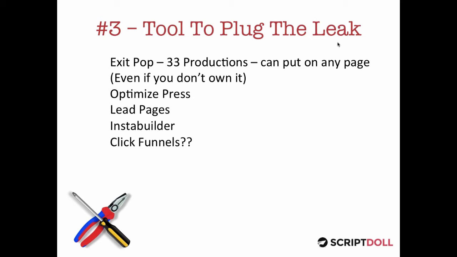It's really cool because you can actually use it on any property, even if you don't own it. So even if you don't own the page, let's say you're promoting an affiliate offer, you can have the exit pop on another offer, so that if they don't buy that offer, they could get something else, or they can opt into a list, or whatever it is on that topic. So that's why I really like Exit Pop.